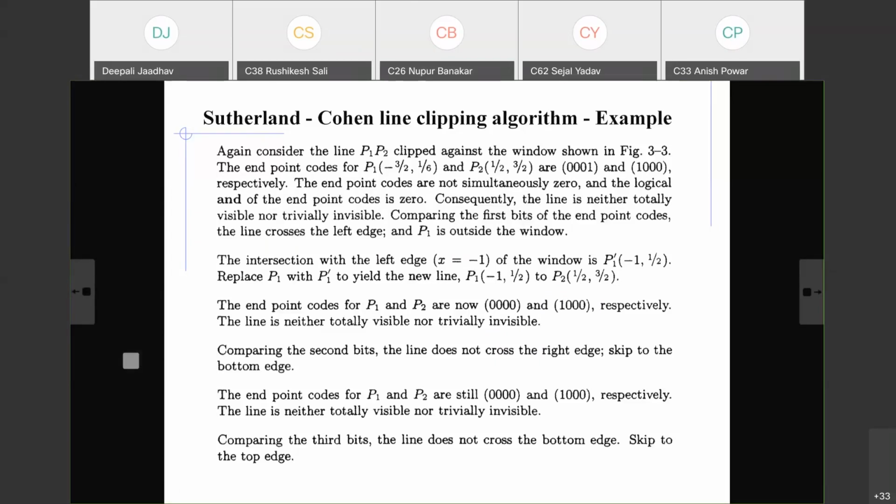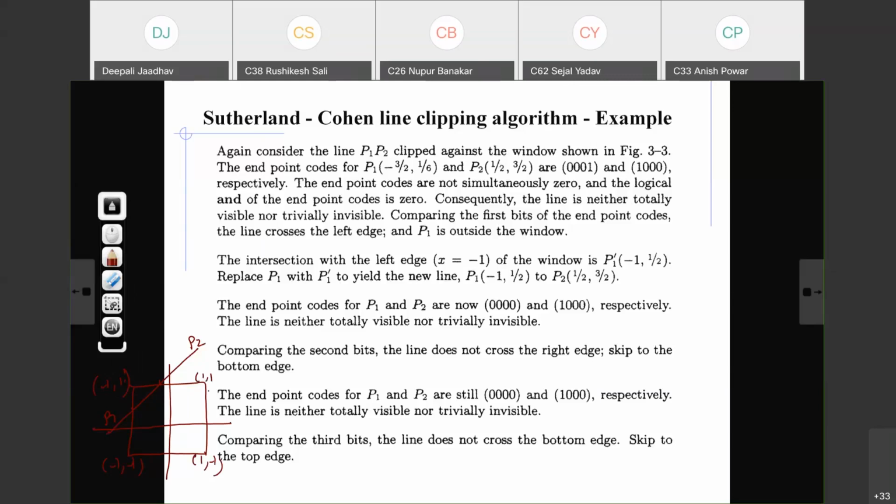Now this P1 and P2 line we are going to see here.